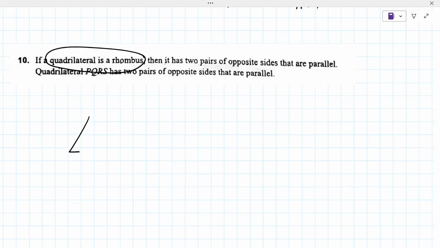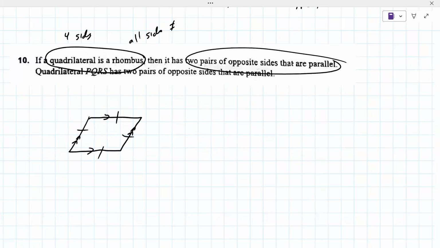I don't know how much you've gone into this, but quadrilateral means it has four sides. Rhombus means that all the sides are congruent. So these are all congruent. Then it has two pairs of opposite sides that are parallel. That means that this is parallel to this, top is parallel to bottom, left is parallel to the right. And that's all good and true.